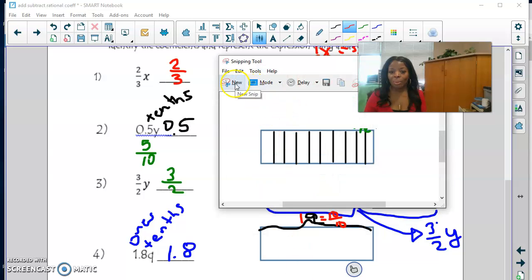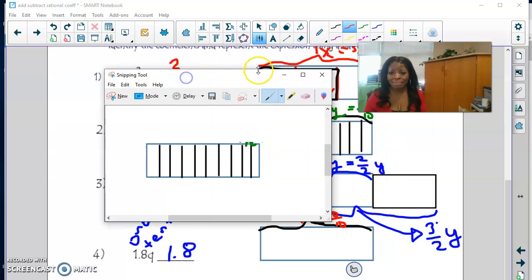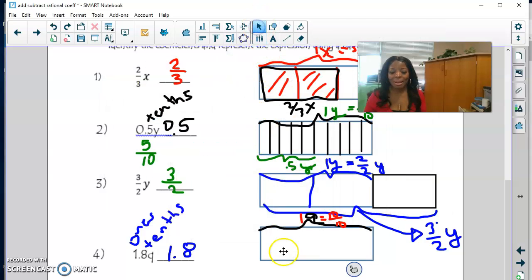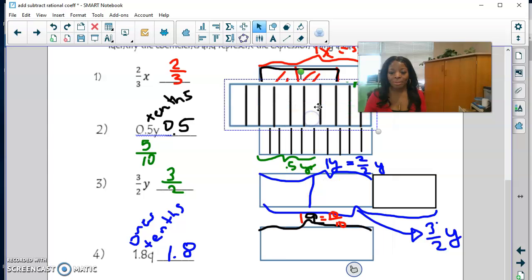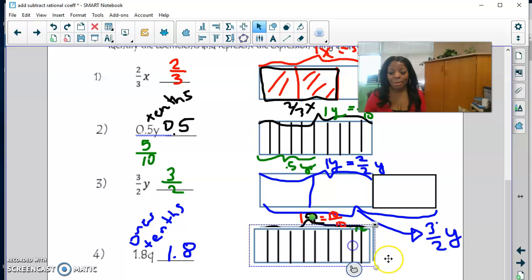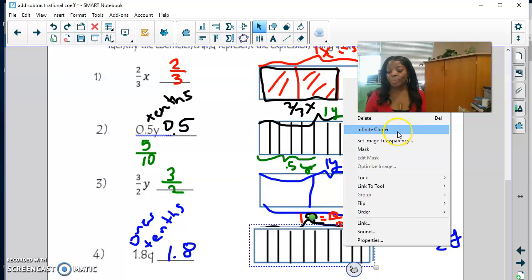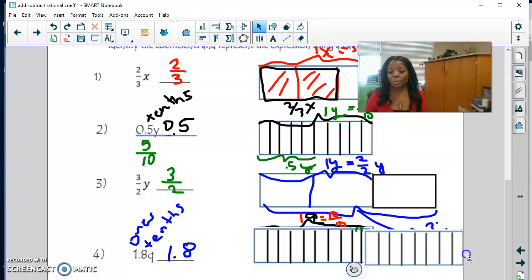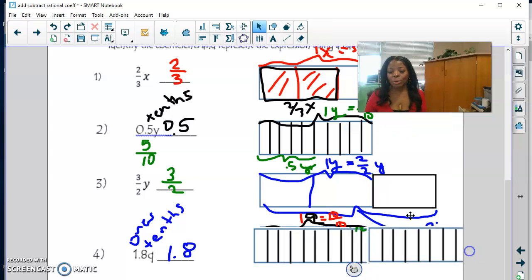Here's how I'm going to help us, since this is live. Okay, so let's paste. 1 whole is 10 tenths, right, guys? So how much do we have to add on? How much more? Good, 8/10 more. This will be a little tricky for you, but go ahead. You're going to add on another bar and just add on 8/10.